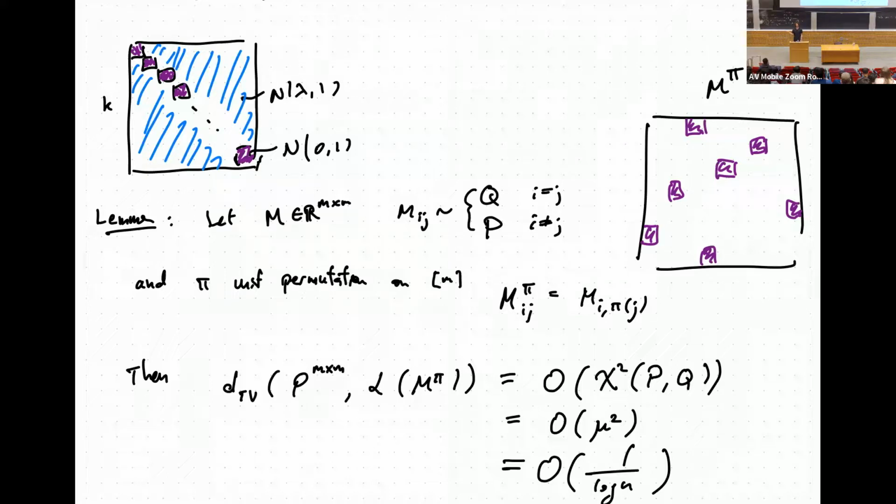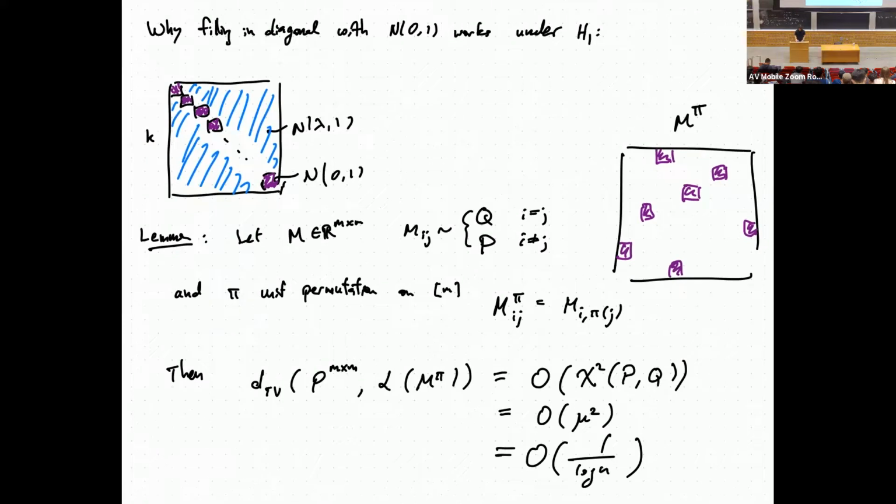However, the distance here is a scalar quantity, independent of m. It doesn't matter how big this matrix is; the bound on the total variation is the same. So in particular, if P and Q are fairly close, then you're never going to know that the entire diagonal was the wrong thing once the permutation is applied.